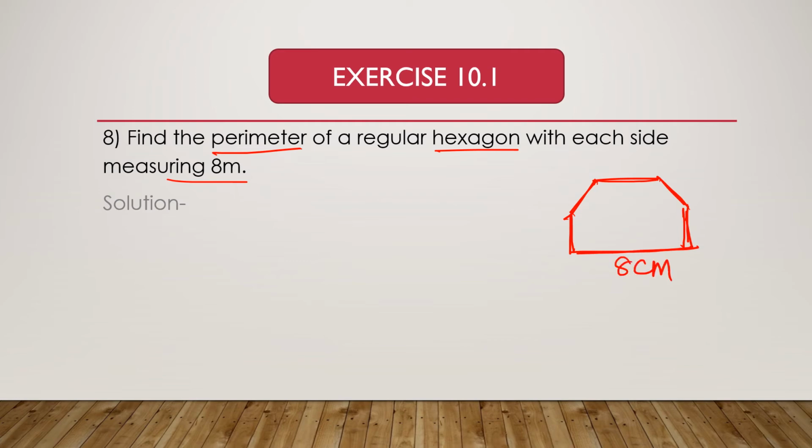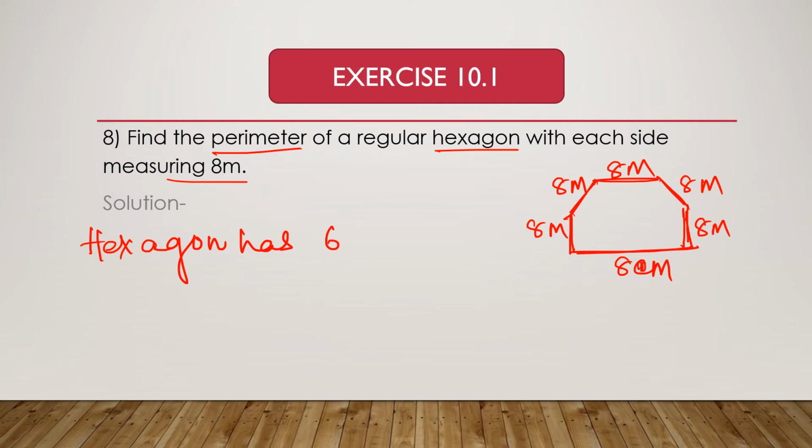This is 8 meter, this is 8 meter, this is 8 meter, this is also 8 meter, and this is 8 meter. 6 sides. Regular hexagon. Hexagon has 6 sides.